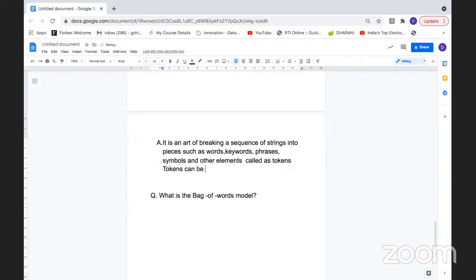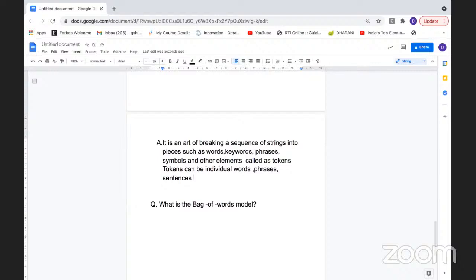Tokens can be individual words, or phrases, or sentences. In the process of tokenization, some characters like punctuation marks are discarded, but it would nicely break the sentence.